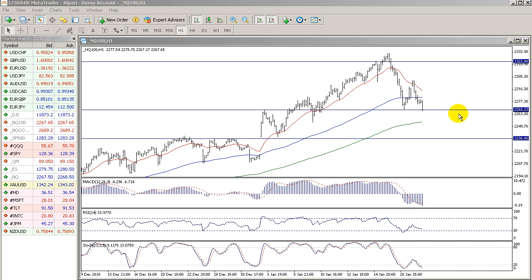The fact that it closed right at yesterday's low, and it's now firmly below the declining 21-hour moving average, and also below the 100-hour moving average that has flattened out, are negative signs, and I expect further weakness in the coming week or so. Let's go to S&P 500.